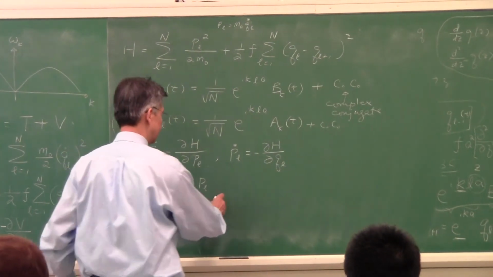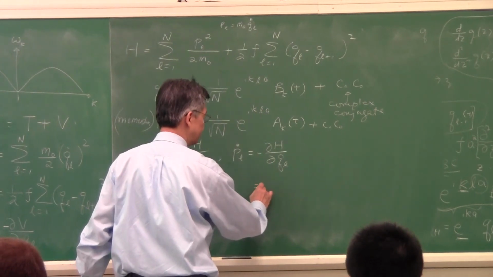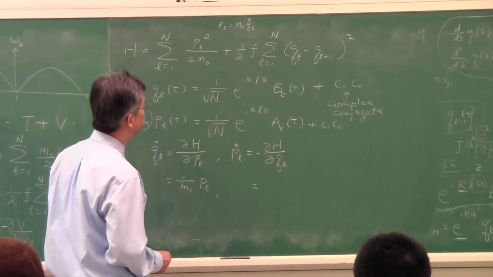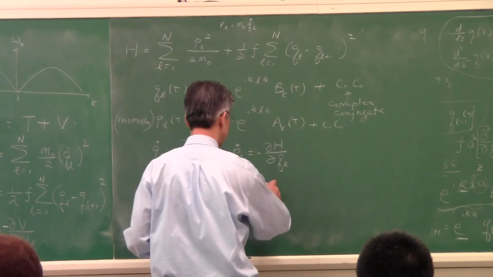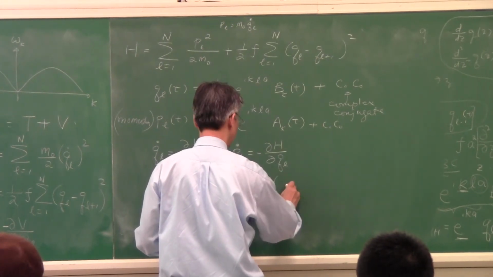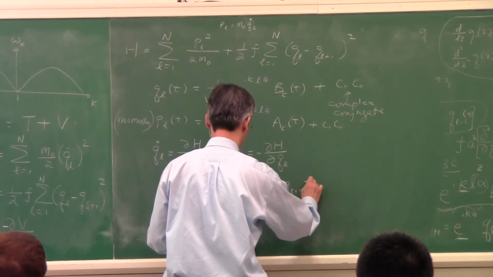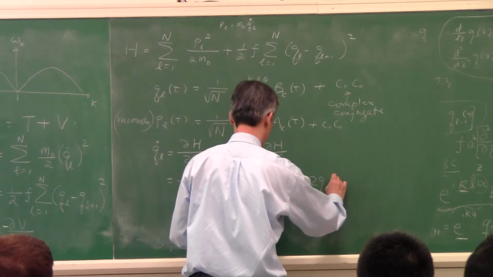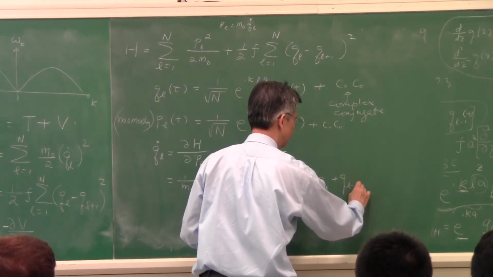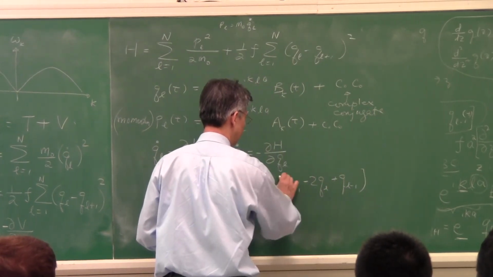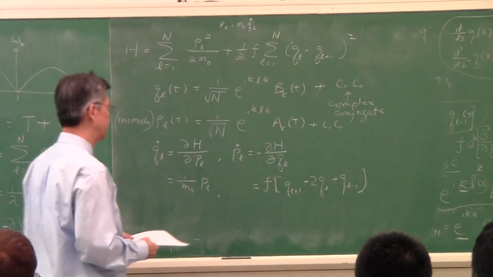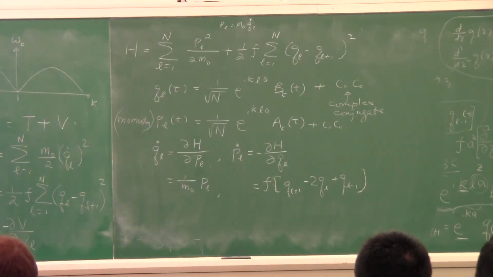And then if you do the same thing to the second one, you get something like PL dot is equal to F times QL plus 1 minus 2 QL plus QL minus 1. You have this being equal to that, which is the same equation of motion that we had before.